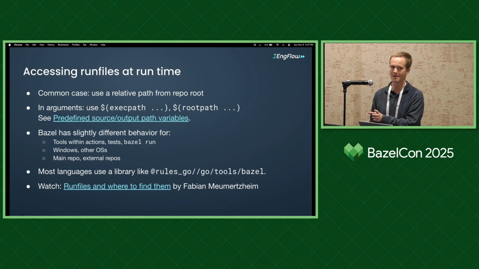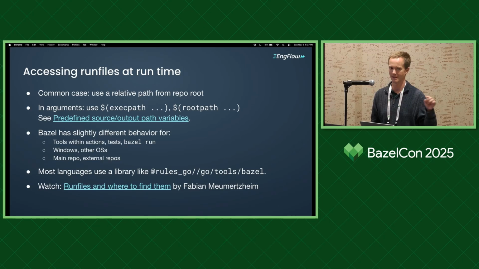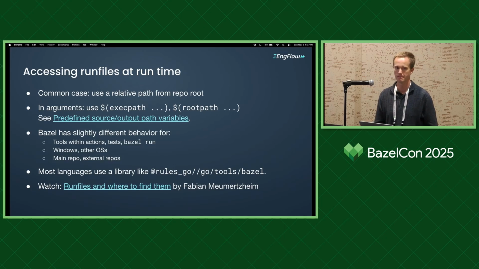The runfiles library reads that manifest and does the dereferencing for you. And again, this is another dimension: you can make Bazel on Windows do the regular runfiles symbolic link thing. It's slower, but more compatible. So enable runfiles is the flag.